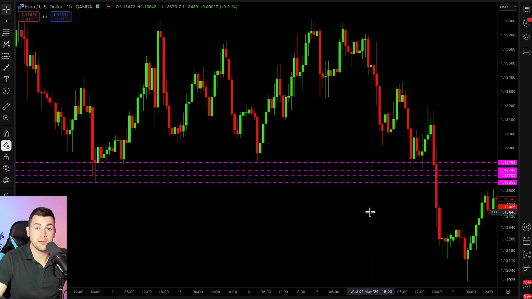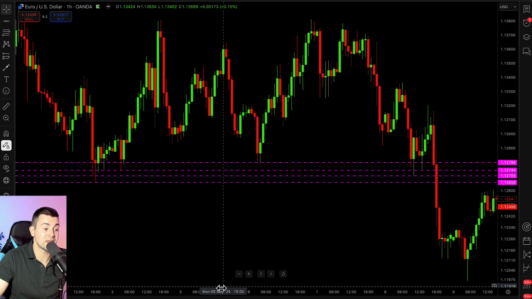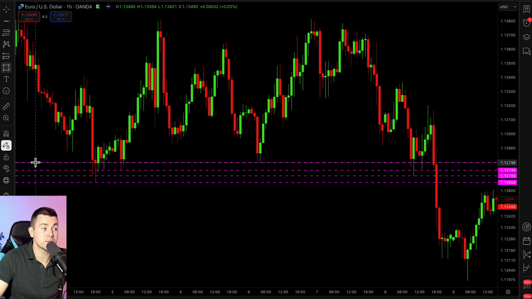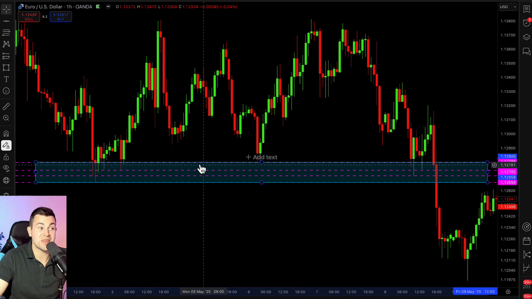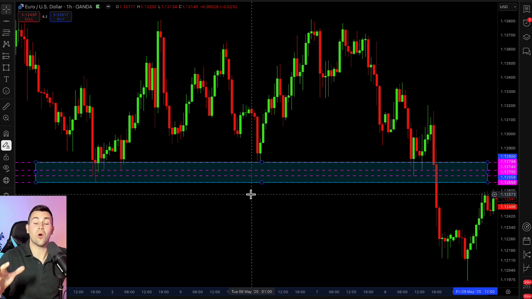Another important thing to notice is that all of those key levels are lying very close to each other, and these levels will compose one single area, a demand zone, the zone with the concentration of buying orders.